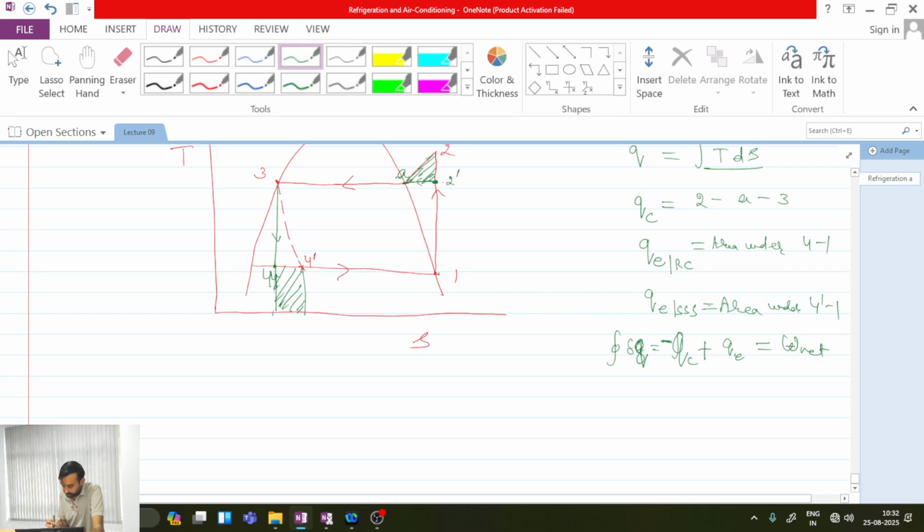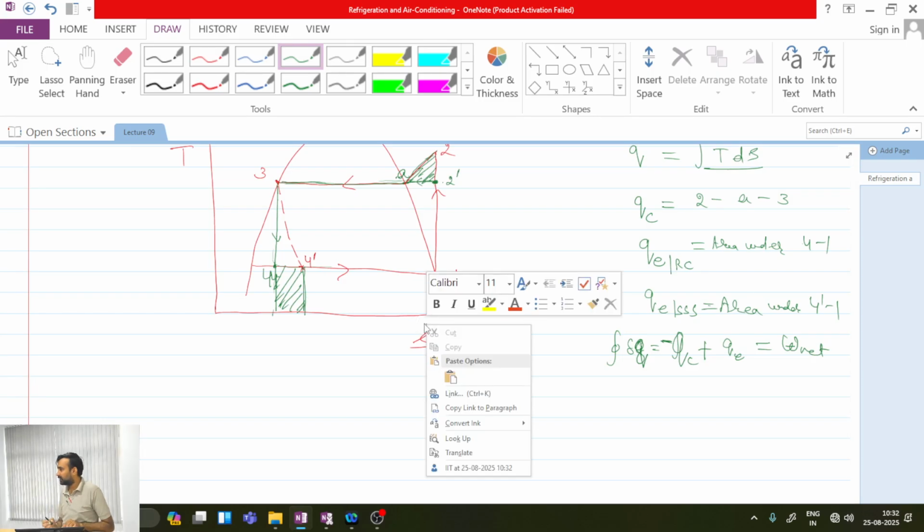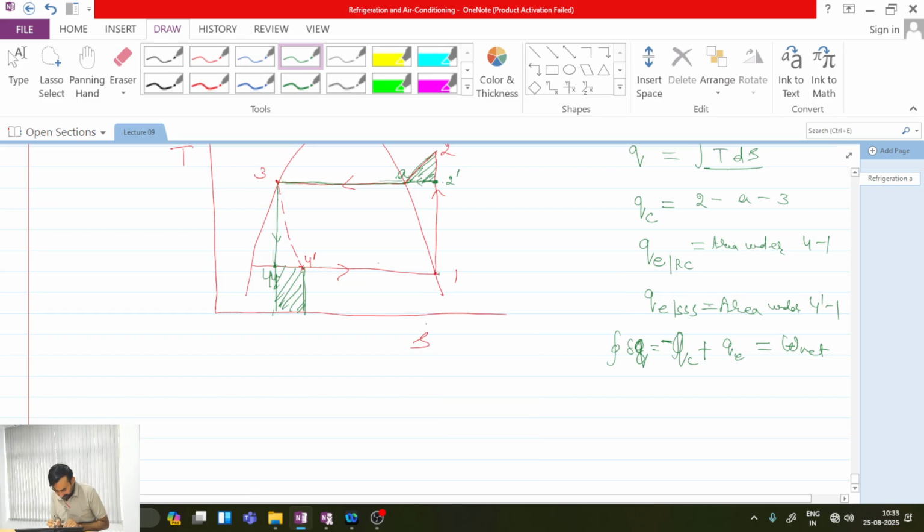It's fine. Okay. So you see, this much was the area for the reverse Carnot cycle in this entire periphery. And for the triple S cycle, heat rejection is the area under this entire thing minus the area under 4 to 1 dash. That is the total work done. So when you remove this area, then along with the Carnot cycle, one additional area comes from here and one additional area comes from here.